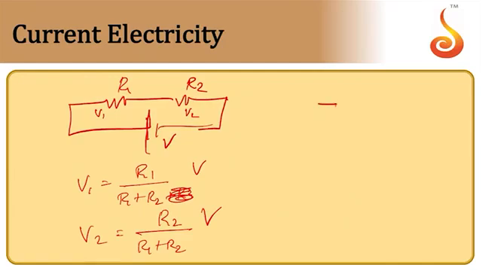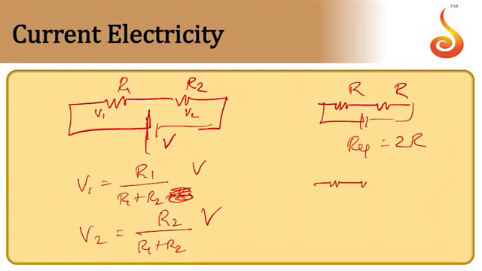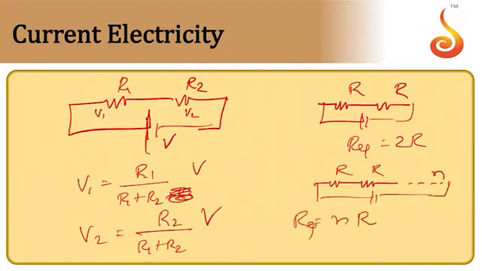If there are two identical resistors, R and R, connected in series, then the equivalent resistance is 2R, and if there are n identical resistors R all connected in series, then the equivalent resistance is n times R.